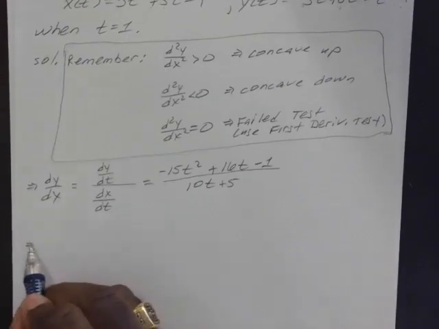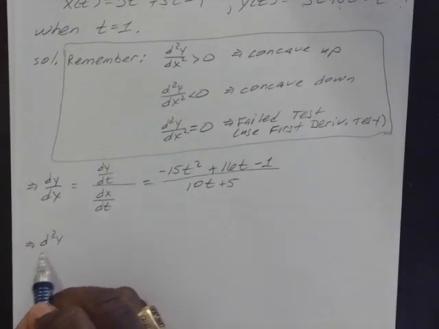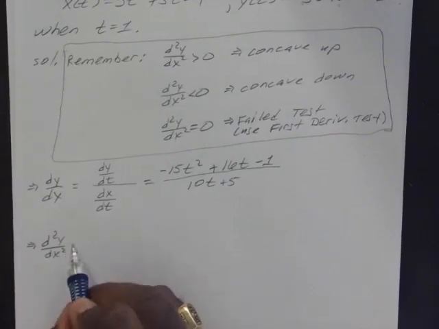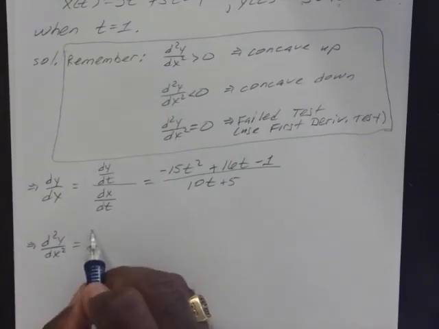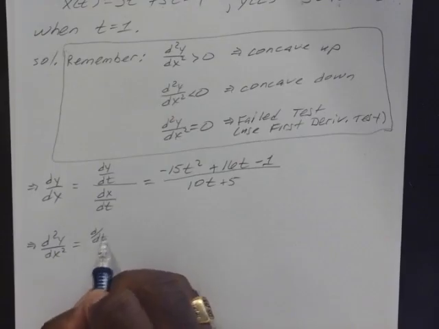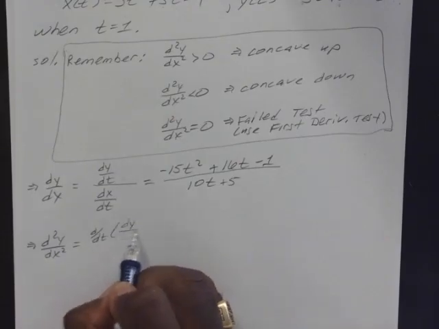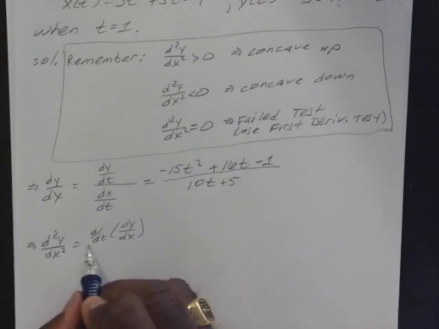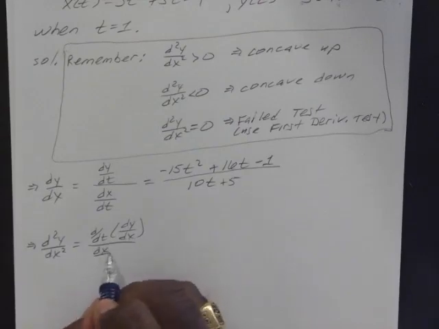Okay, so we know that the second derivative is just the derivative with respect to t of your dy dx, divided by your dx dt.